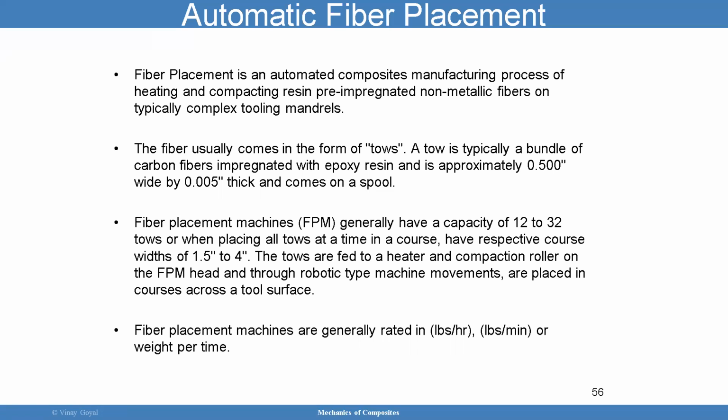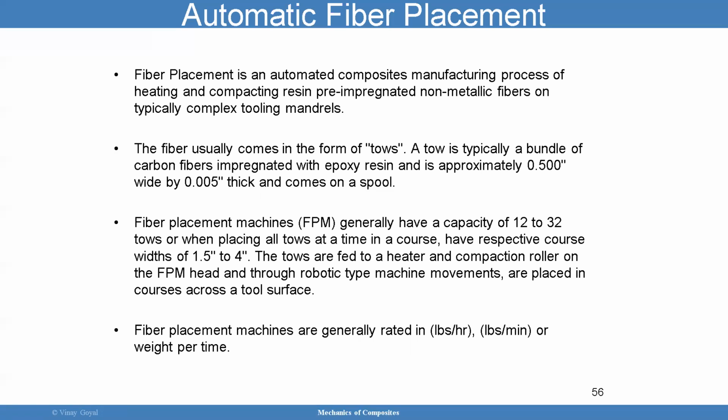The fiber placement machines generally have a capacity of 12 to 32 tows, and when placing all tows at a time in a course, have respective course widths that can go from 1.5 to 4 inches in width. The tows are then fed into the heater, like I discussed, and a compaction roller on the fiber placement machine head.